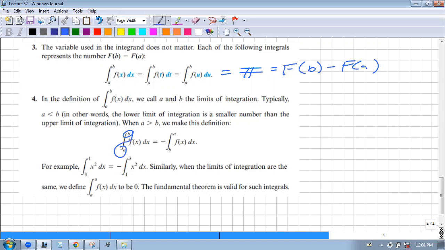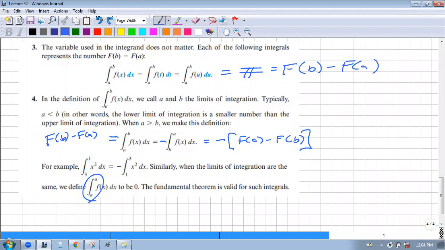If you switch these, you get a minus sign. All right, because this would be big F of B minus big F of A, right? So this minus here, this would be big F of A minus big F of B, right? So the minus, turn it back into that. So if you switch those, you get a minus. Pretty simple from looking at the math.